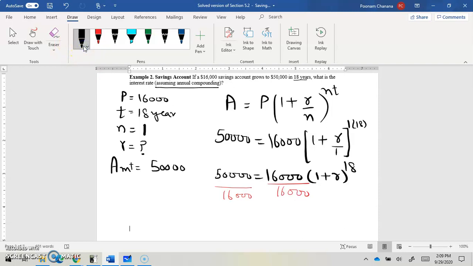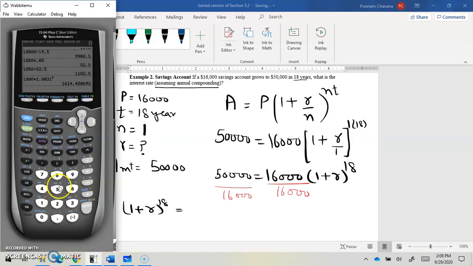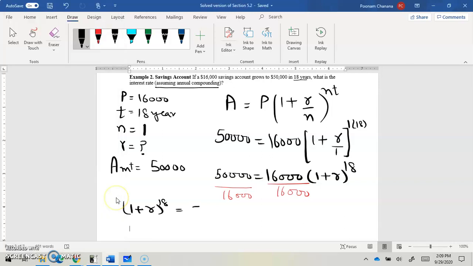That will get me to (1 plus r) raised to power 18 is equal to, what is 50,000 divided by 16,000? That is 3.125. So we have to take care of this 18.